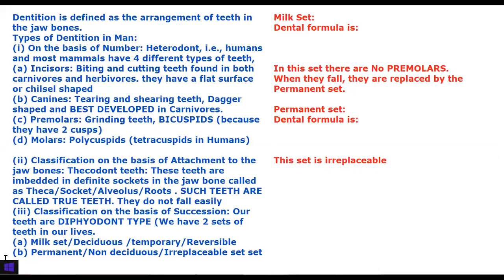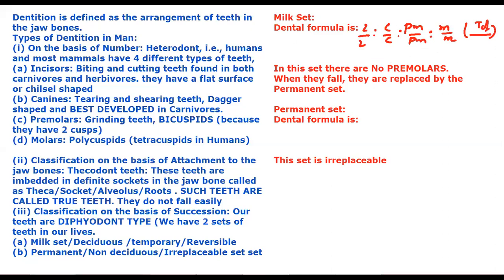Okay, so now I will write the concept with the pen. Actually, the dental formula we write as incisor by incisor is to canine by canine is to premolar by premolar is to molar by molar, and here the total teeth. Fine.